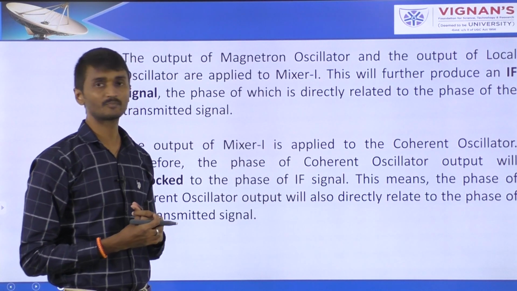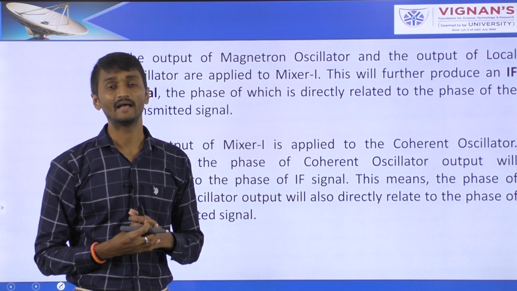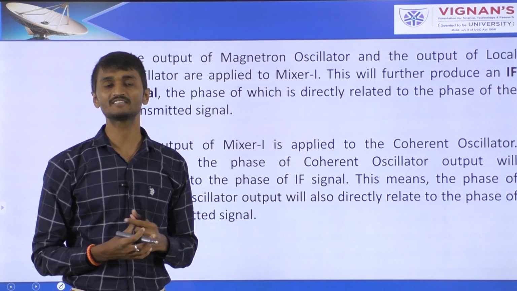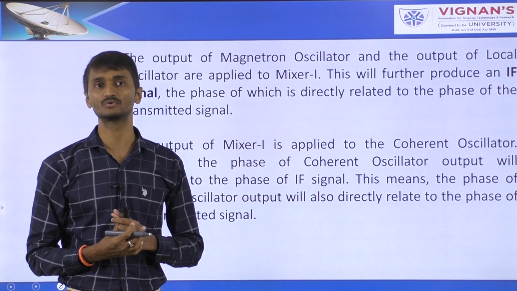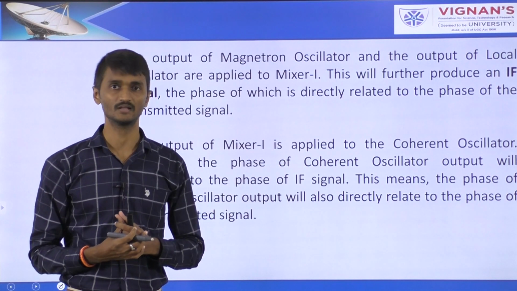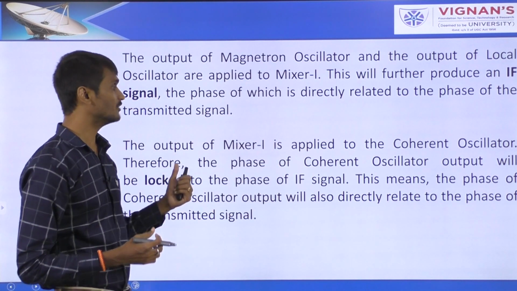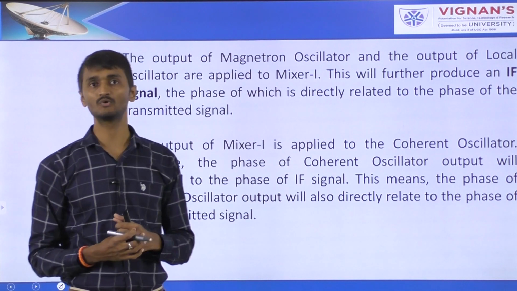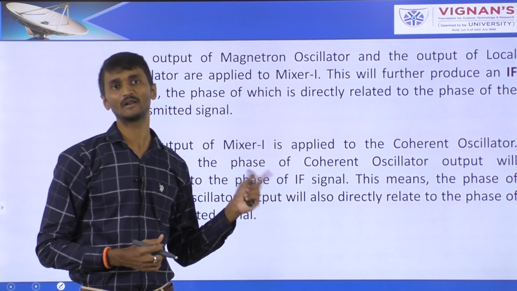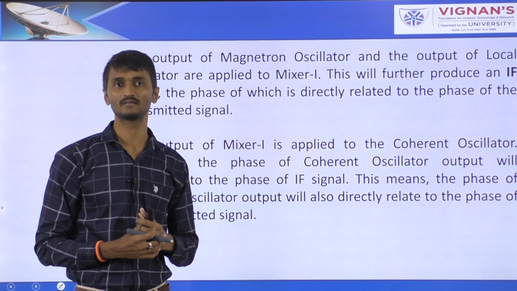This will produce an IF signal, the phase of which is directly related to the phase of the transmitted signal. The output of mixer 1 is applied to the coherent oscillator.